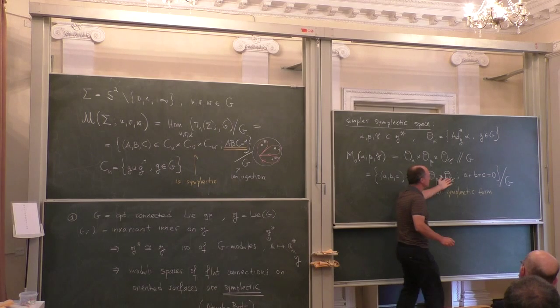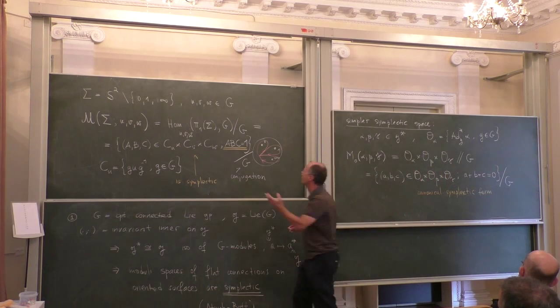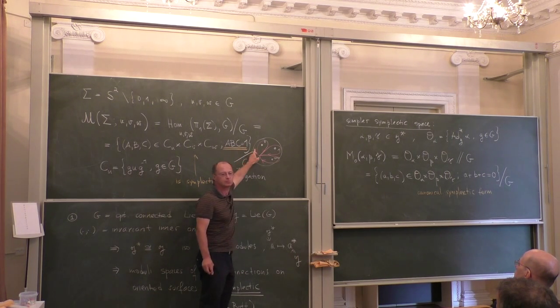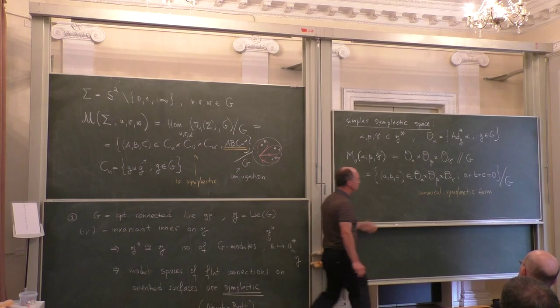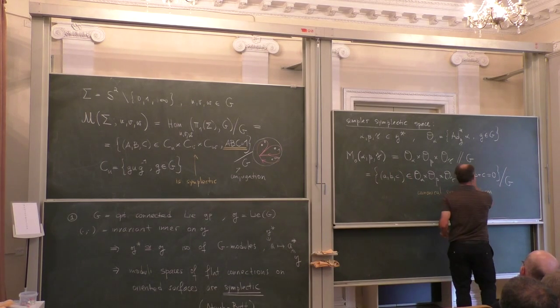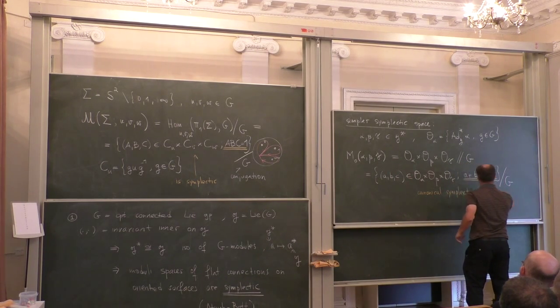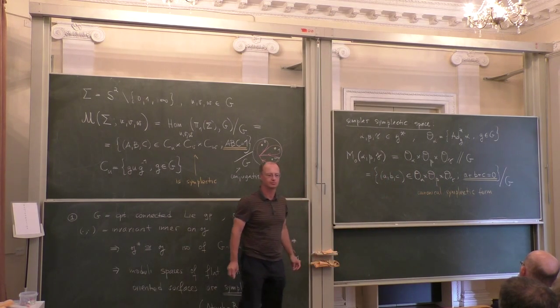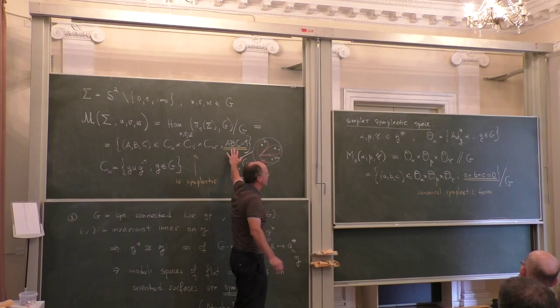And one thing which is already obvious: here we're looking at a simple equation, but some kind of multiplicative equation, A times B times C is equal to 1. Here, if we forget about all this symplectic story, we are looking at the equation which is additive, A plus B plus C is equal to 0, right? Clearly, these are analogous equations.